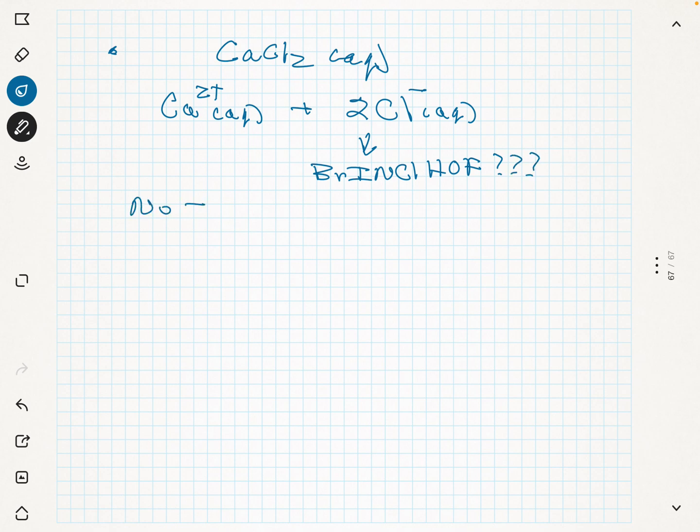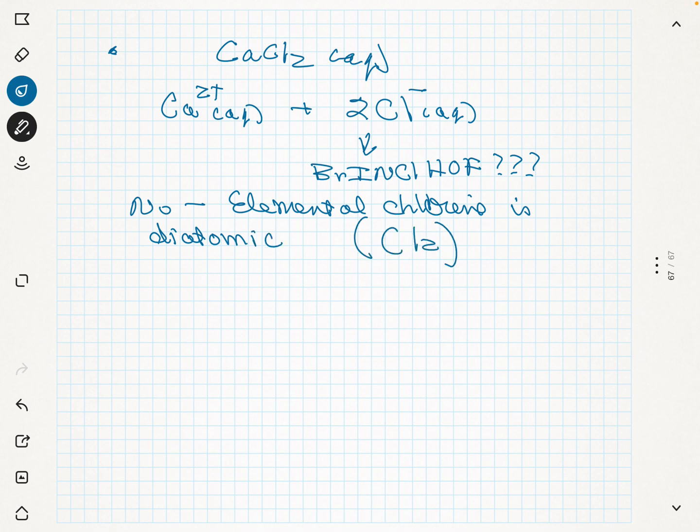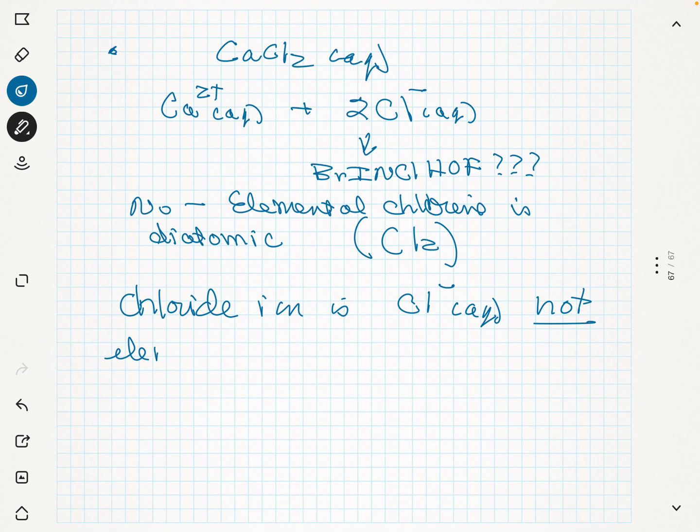No. Elemental chlorine is diatomic, as in Cl2. Chloride ion is Cl- aq, not elemental diatomic chlorine.